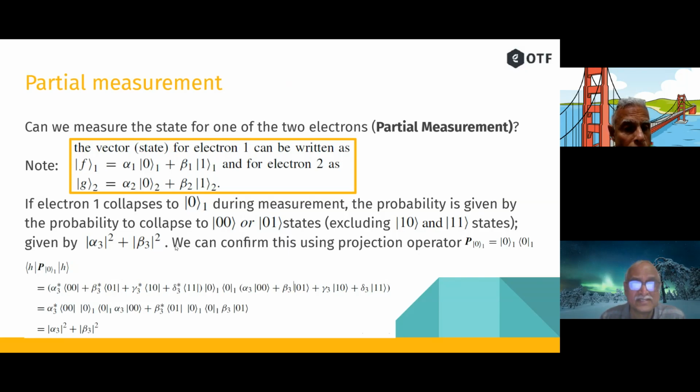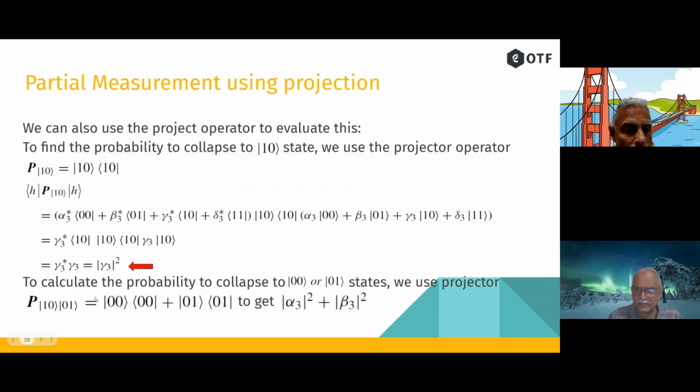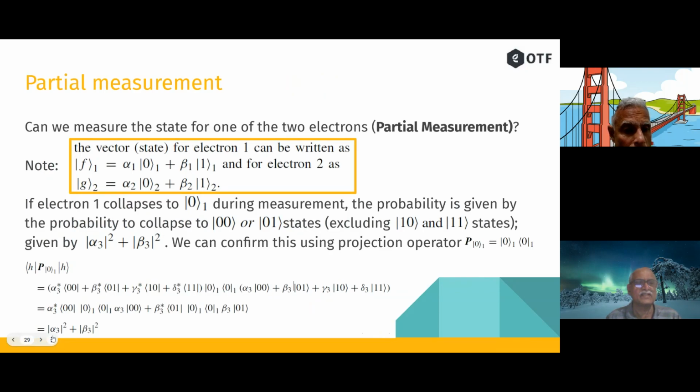This is nothing but the same operation we did earlier using the projection operator. So with projection, if we apply it like we did earlier, it will once again yield the same result, |alpha 3|² plus |beta 3|². So partial measurements can be done using projection as well.